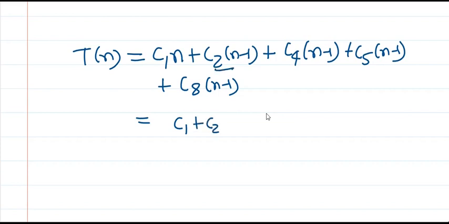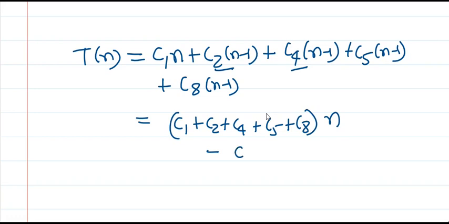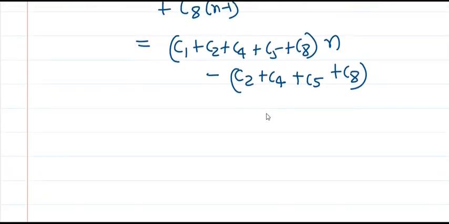And if we simplify this, then we can say that it's nothing but c1 plus c2 plus c4 plus c5 plus c8 times n. And now I will club the minus terms, so minus c2 plus c4 plus c5 plus c8.